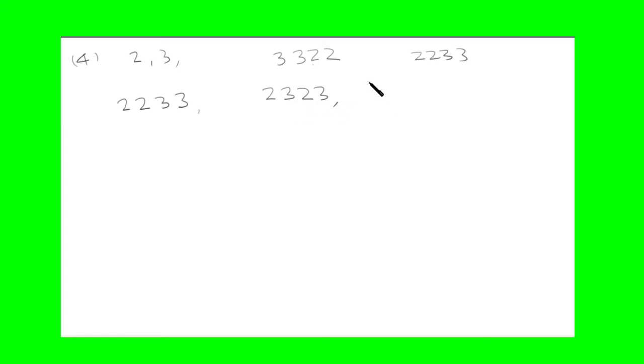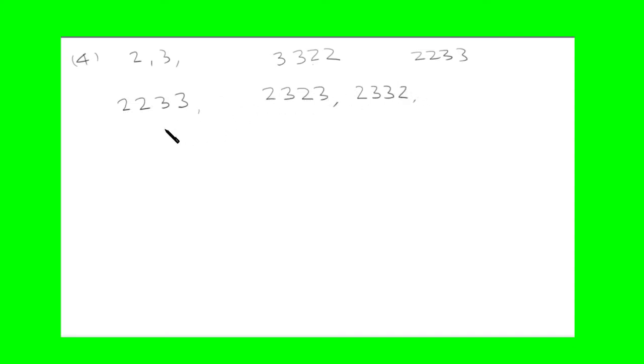Then what we are going to do is 2, 3, 3, 2. So we had fixed 2 at the thousands place, and we have used up those numbers.